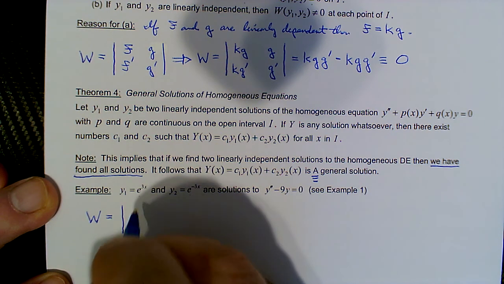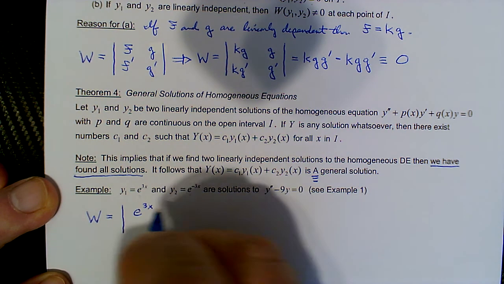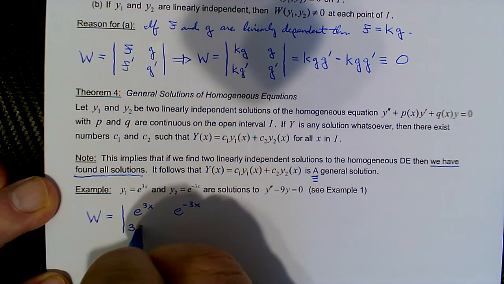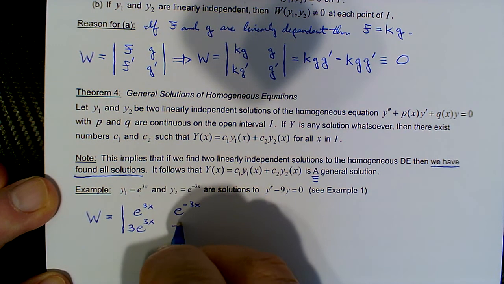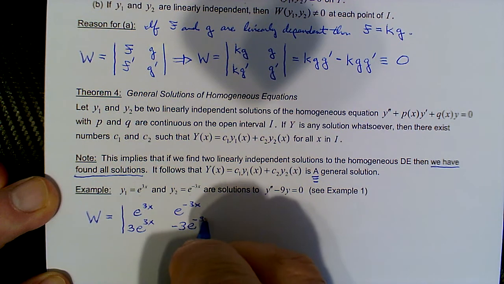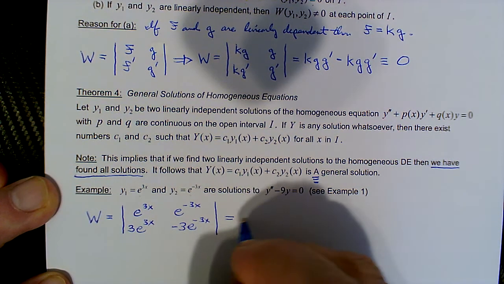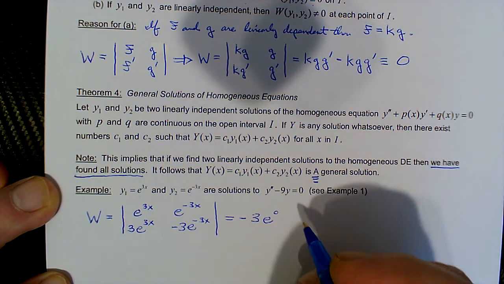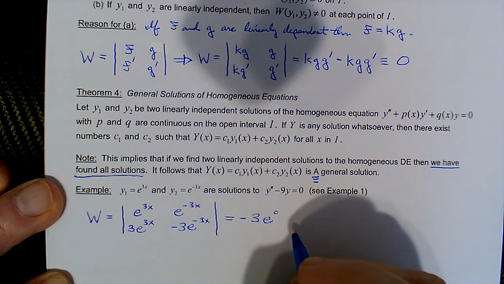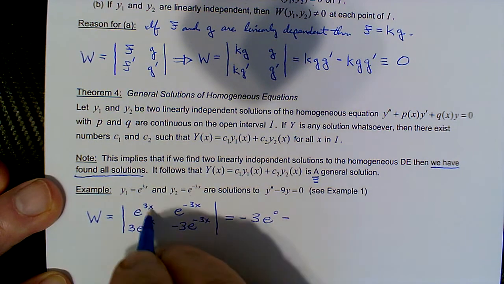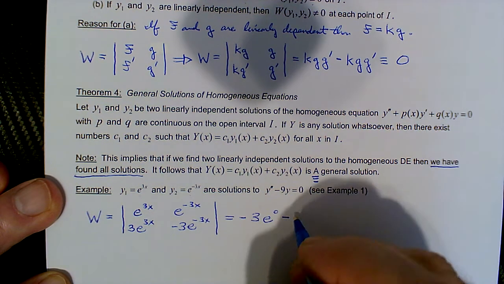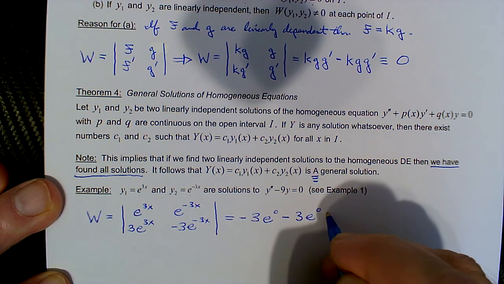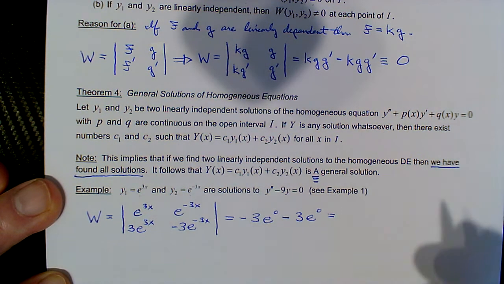So y1 is e to the 3x, y2 is e to the negative 3x, so their derivatives are 3e to the 3x and negative 3e to the negative 3x, and the Wronskian gives us negative 3e to the 0, and then minus 3e to the 0 again, because we're adding exponents, and 3x plus negative 3x is 0.